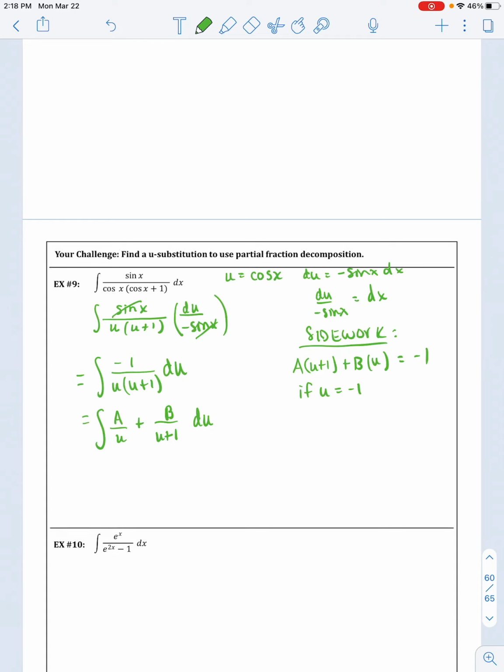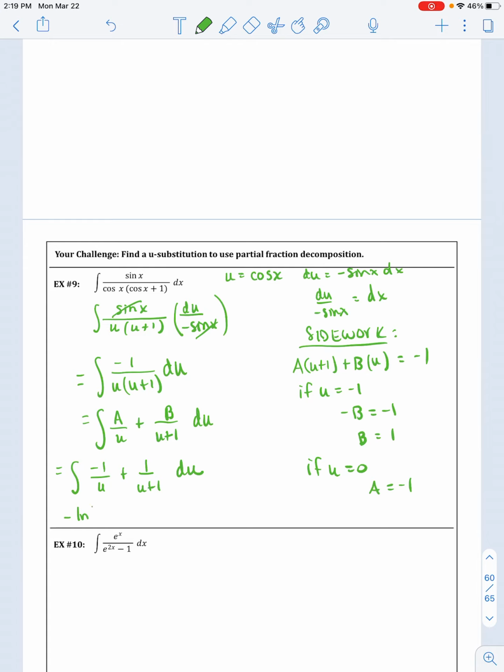Now, if u equals negative 1, my a goes away. I've got negative b equals negative 1, so b is 1. If my u equals 0, my b goes away. I get 1a equals negative 1. And so that gives me the integral of negative 1 over u plus 1 over u plus 1 du.